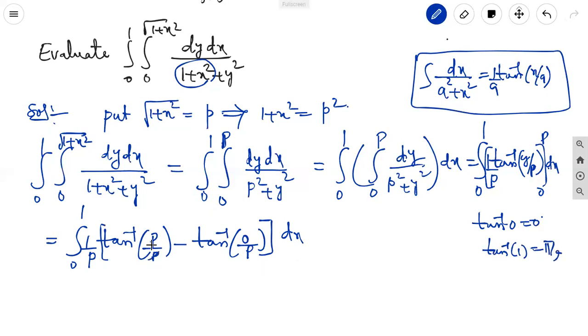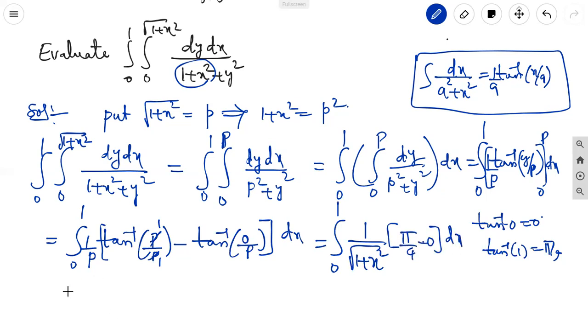Here p cancels, that is nothing but tan inverse 1. It is equal to integral from 0 to 1, with p equal to under root of 1 plus x square, 1 by under root of 1 plus x square, into tan inverse 1 is pi by 4, tan inverse 0 is 0, dx. Here pi by 4 is a constant, so it goes outside: integral from 0 to 1, 1 by under root of 1 plus x square, dx.